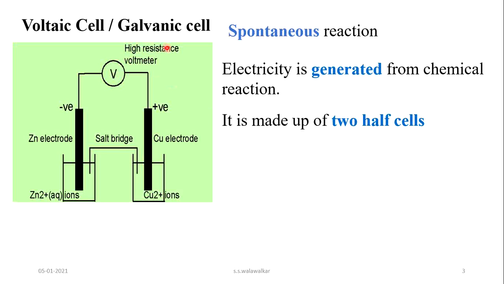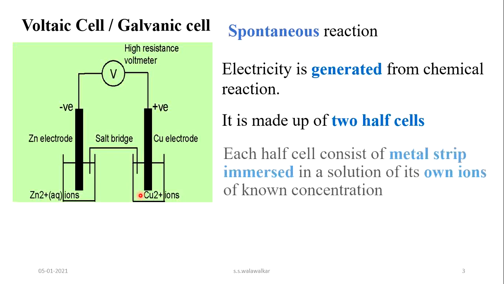And galvanic cell consists of two half cells like this, and each half cell consists of a metal strip like this, immersed in a solution, but not any, immersed in a solution of its own ion. That is important.